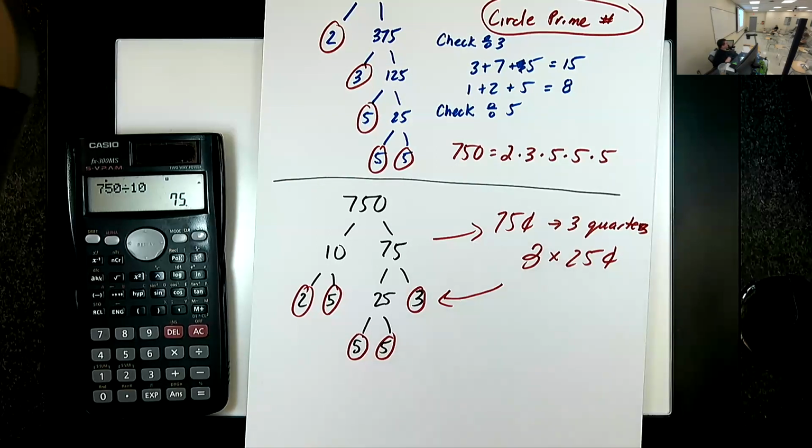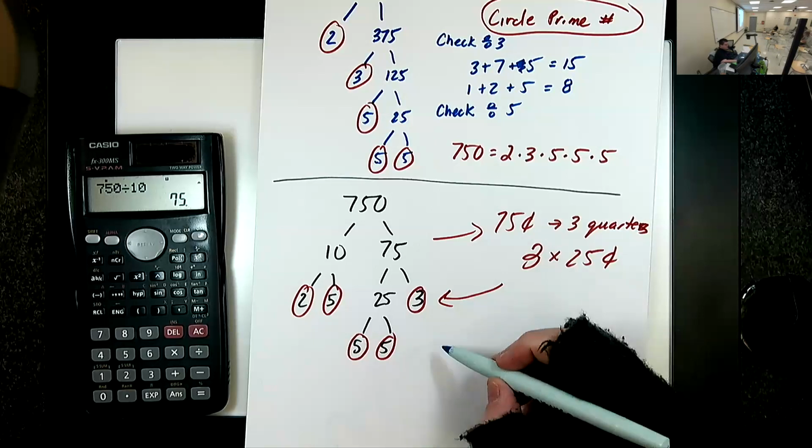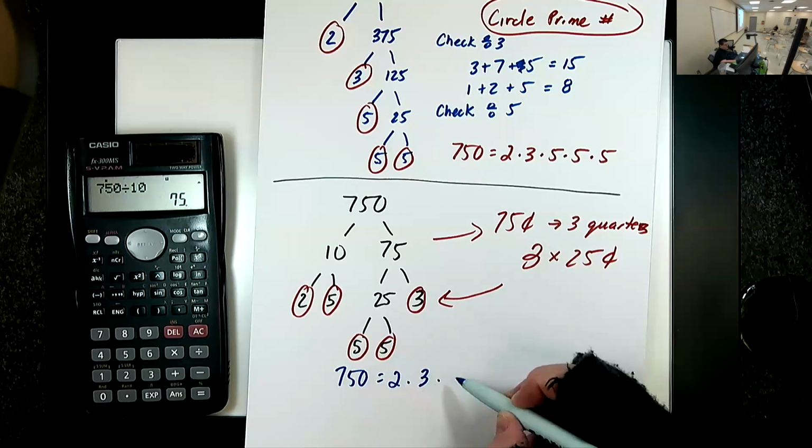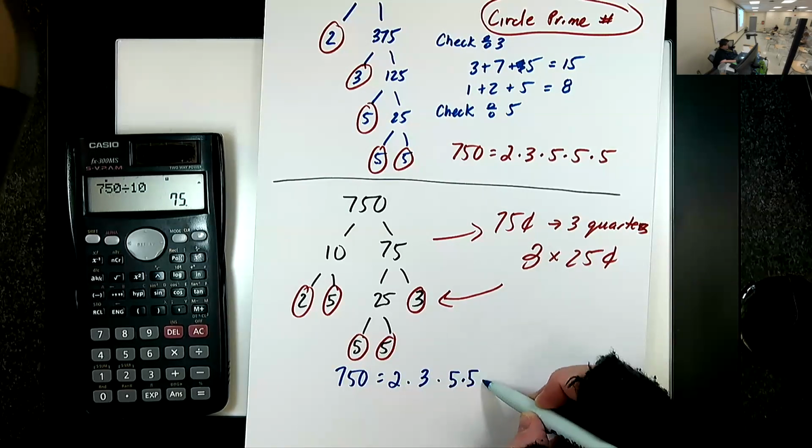So sometimes if you can relate it to something you know, like money, you could speed that up without having to check it. And you'll notice if I put these in order again, I have a 2, a 3, and 3 5s.